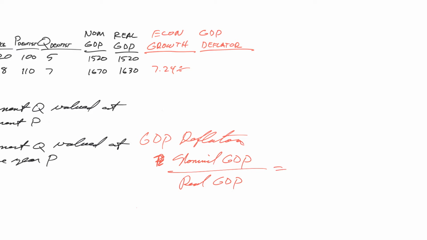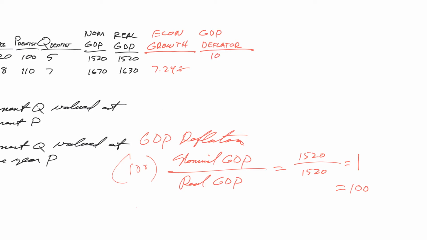So in year 1, nominal GDP is 1520, real GDP is 1520, and we get 1. And we multiply that by 100 to convert it to a percentage. So it's nominal GDP divided by real GDP times 100. That gives us our GDP deflator for year 1 of 100.